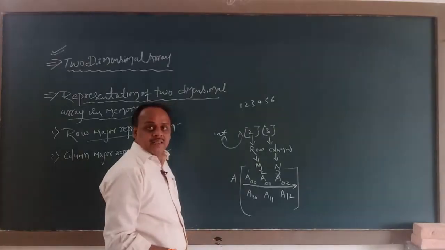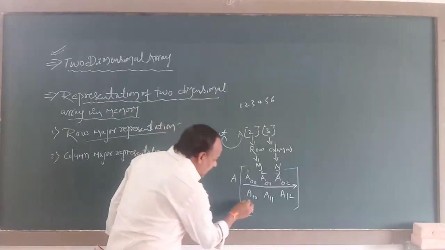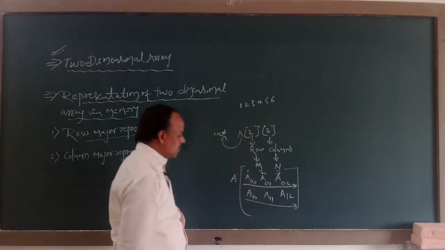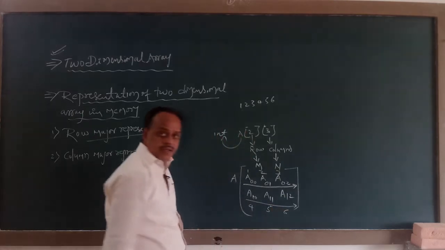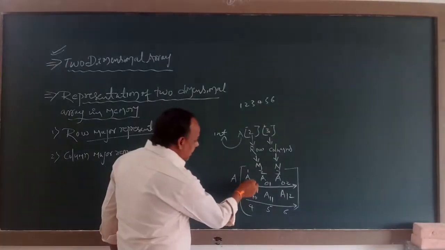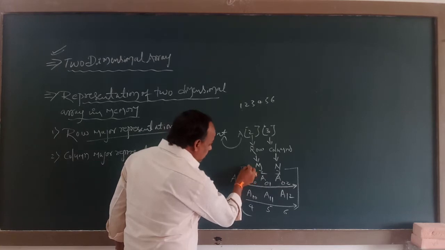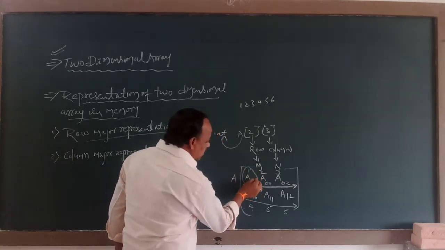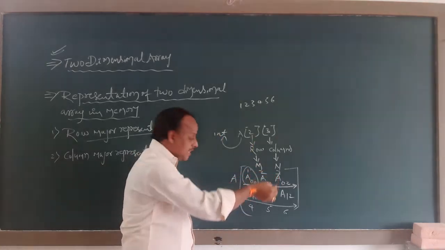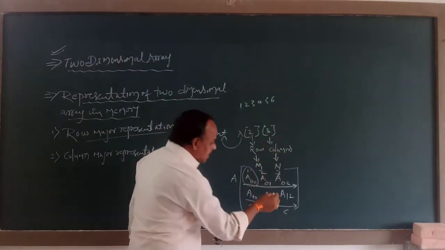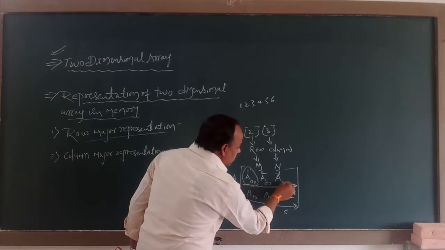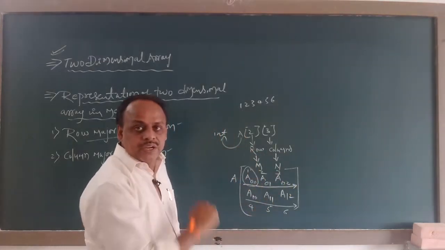Again the remaining 3 elements are going to occupy the second row, that is 4, 5, 6. It means the first entered element 1 is going to be stored in A of 0, 0. The second entered element is going to be stored in A of 0, 1. The third entered element is going to be stored in A of 0, 2 memory location.